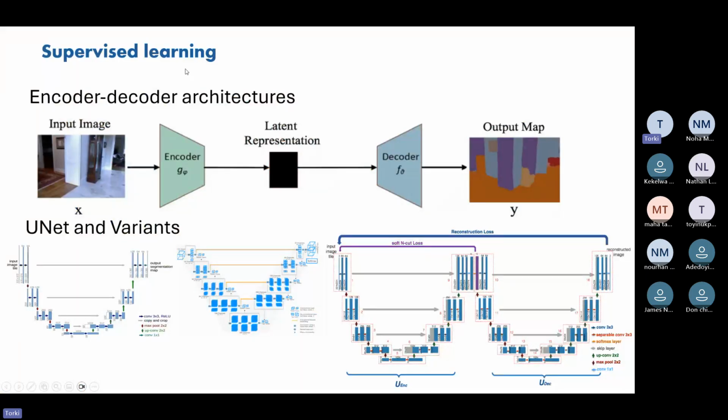Let us now move forward and understand what the supervised learning architectures are that are commonly used. On the left side, you have an image, and on the right side, you have an output map, which refers to color codes for every pixel.